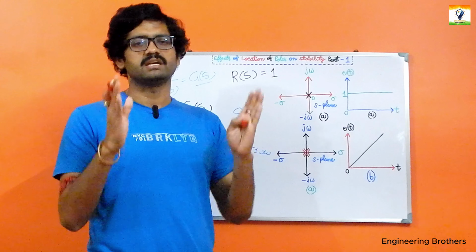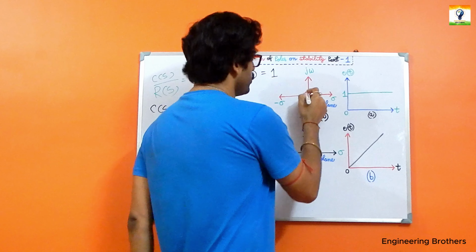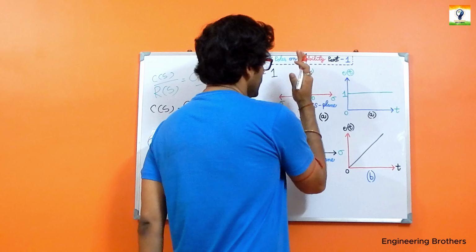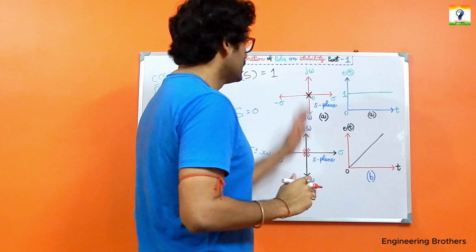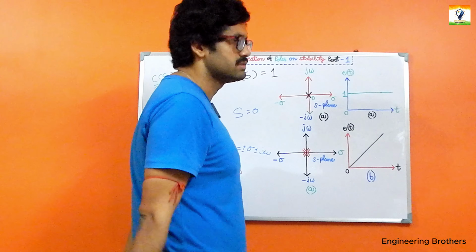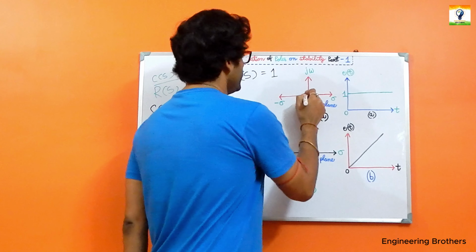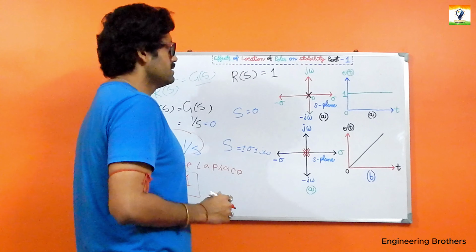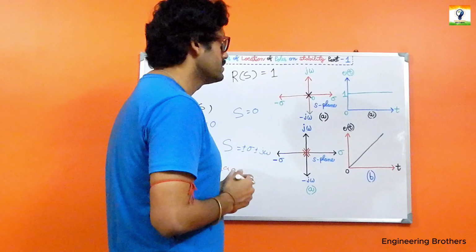It is placed in between these two, between the stable and unstable considerations. We do know that if the pole is placed at the left hand side of our given s-plane, then that will be considered as stable, or the system is stable.